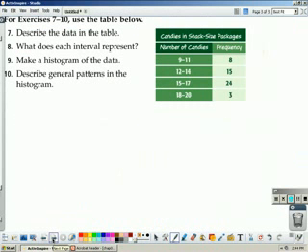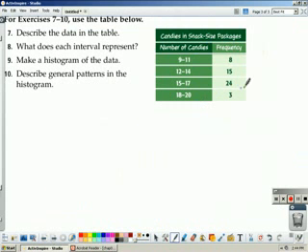Okay. So now I want us to take a look at this one. We did a bar graph just now, and we talked all about a bar graph, and we worked one out. Now we're going to talk about, what do you think it's asking us for? It has histograms, it has intervals, so we are going to graph histograms. The first question wants us to describe the data in this table.